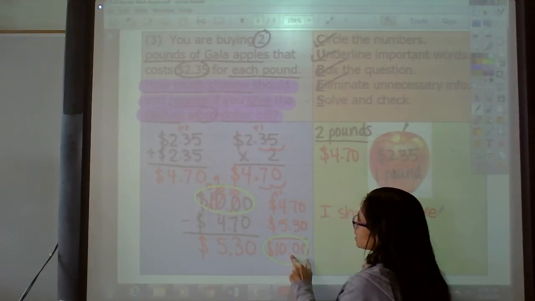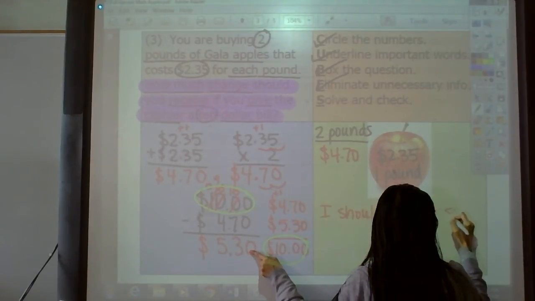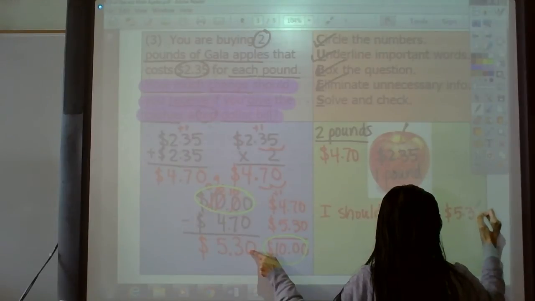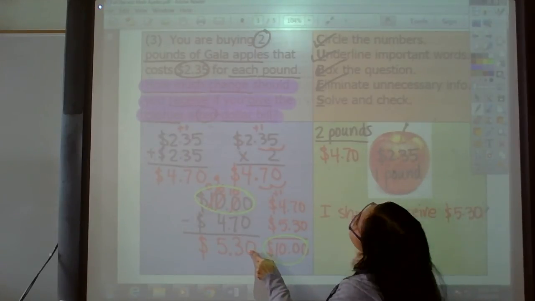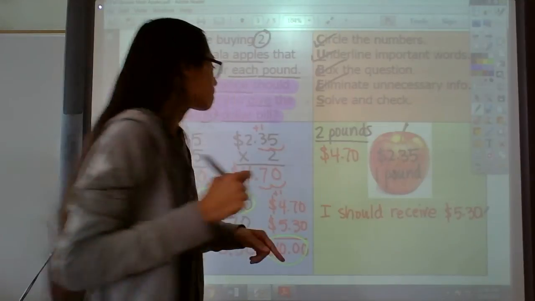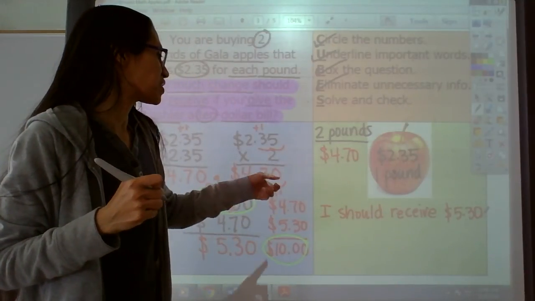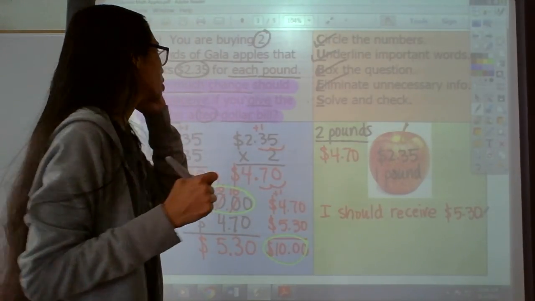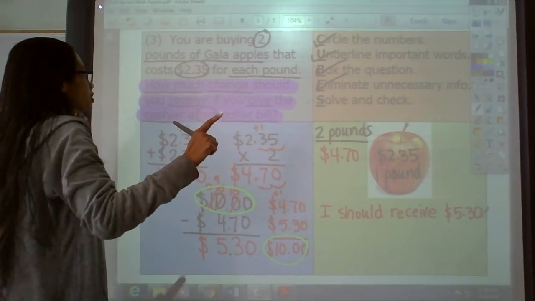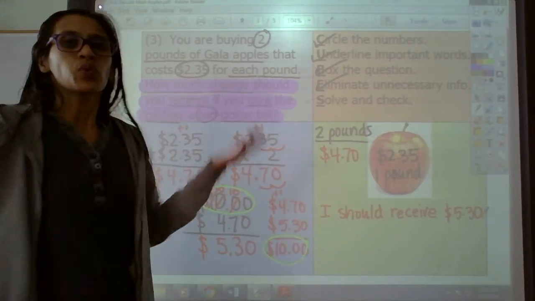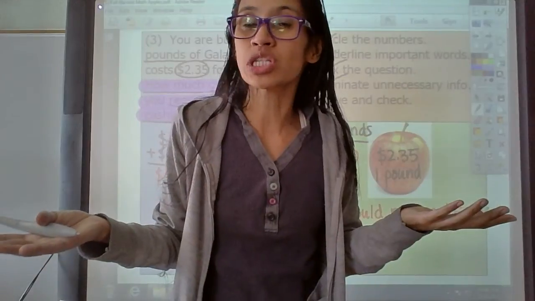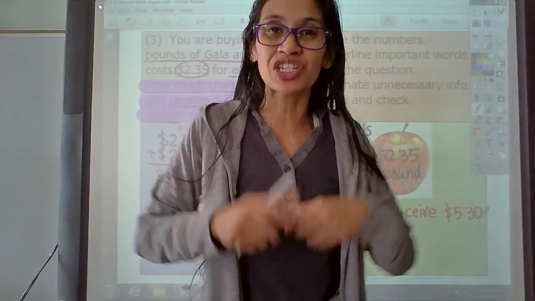Not $10. That's what you gave. $5.30. We can leave it right there. I should receive $5.30, or you could write, I receive $5.30 for my change. We are done with that one. You are so smart. Moving on to the next question. See you then.